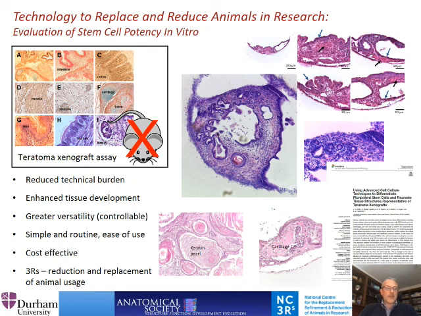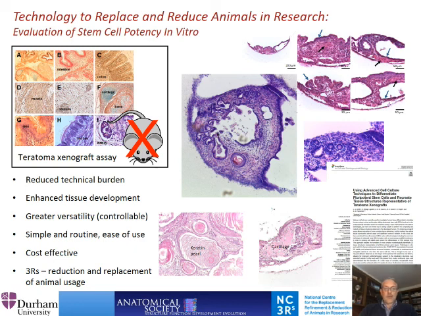Well, we have now developed a replacement, an alternative, whereby we can apply the technology I've described to you today in order to create sophisticated teratoma-like structures in vitro using the Alvetex technique.